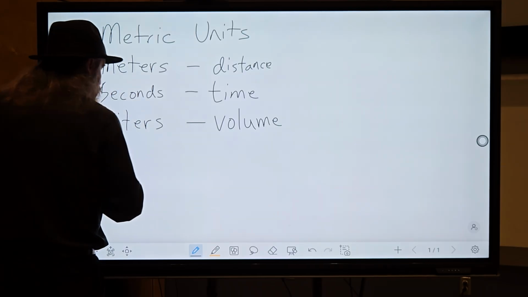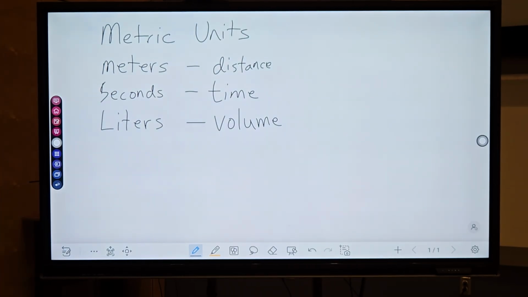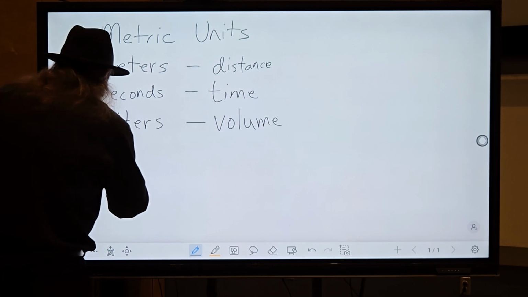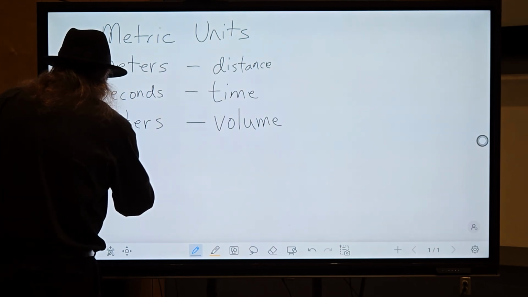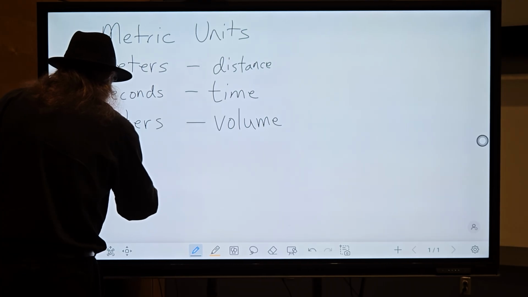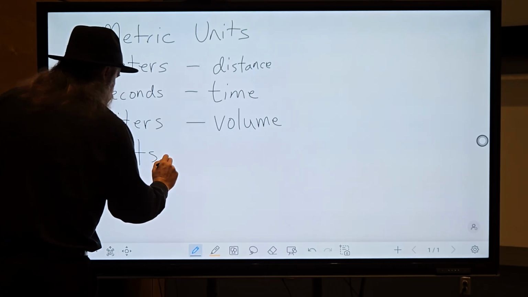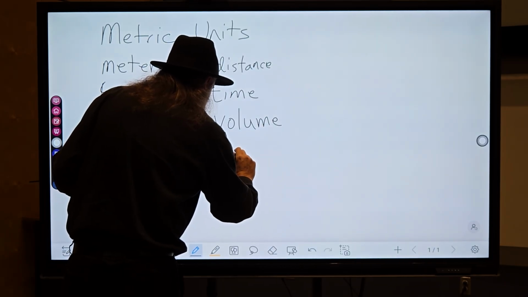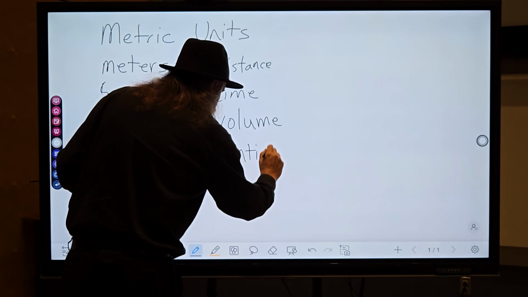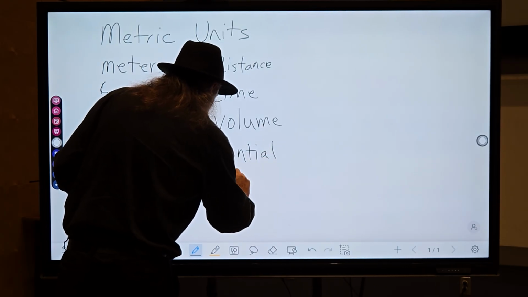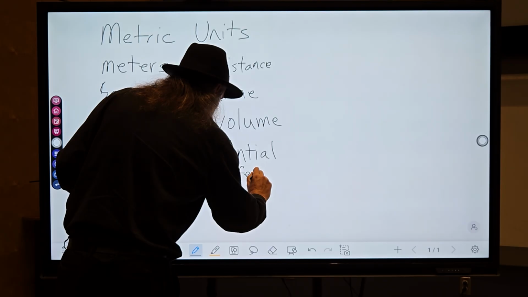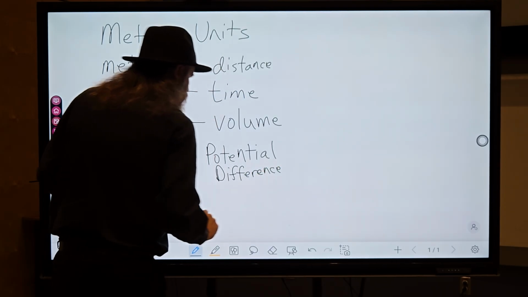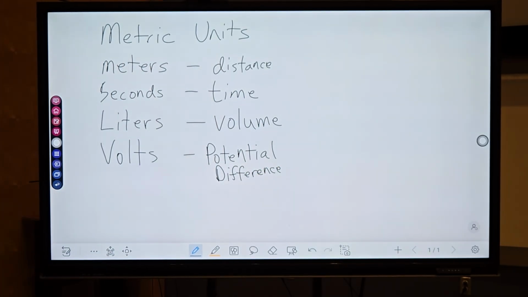Let's see here. And then when getting into electrical engineering, you have volts. Potential difference. Also the pressure that the electrons have between 2 points.